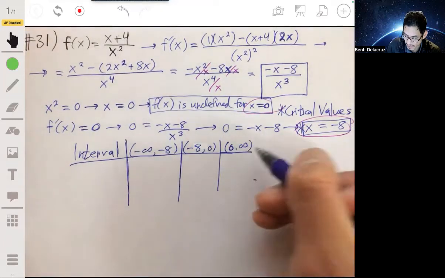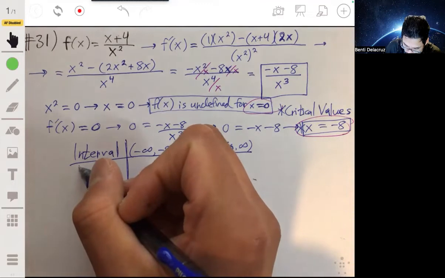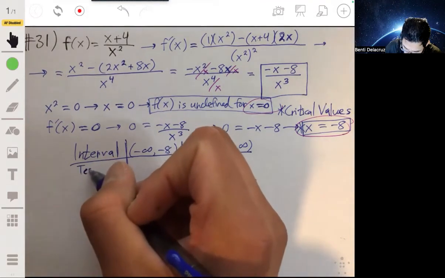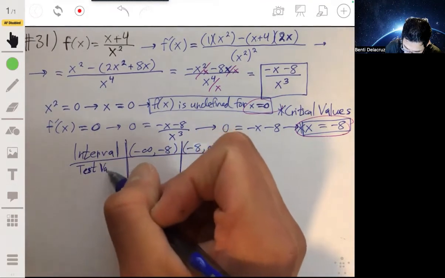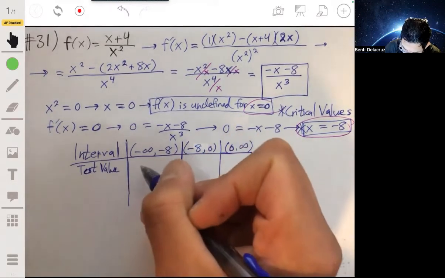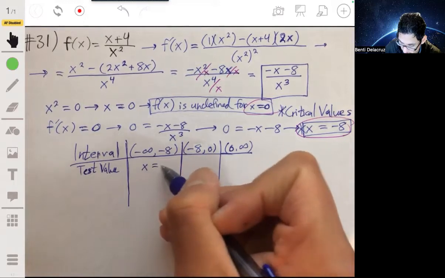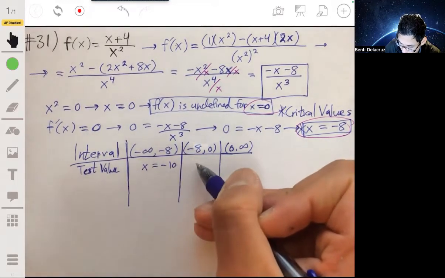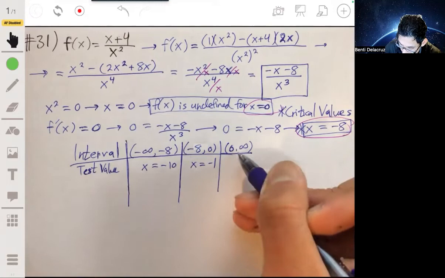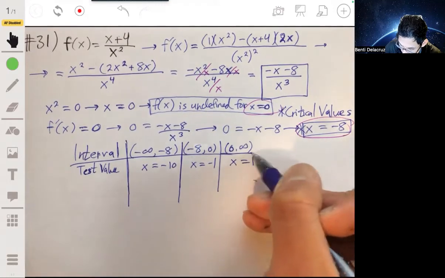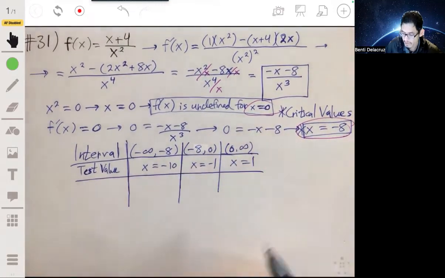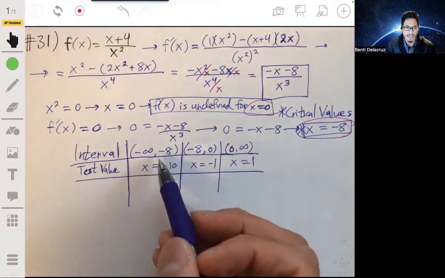And I'm going to test a value of x in each of these intervals. I can just pick any number for x in here. I'll pick x equals negative 10. Here I can pick x equals negative 1. Here I'll just pick x equals 1. It doesn't matter what number I pick, just as long as it's in the interval.